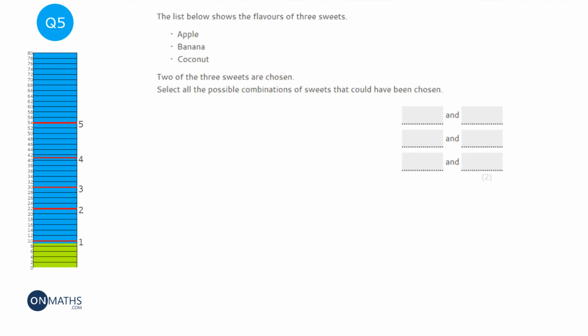So when you're writing combinations, the easiest way to do it is start off with this one here. So I'm going to start off with apple and write all the combinations that involve an apple. So the apple could be with banana, or the apple could be with the coconut.